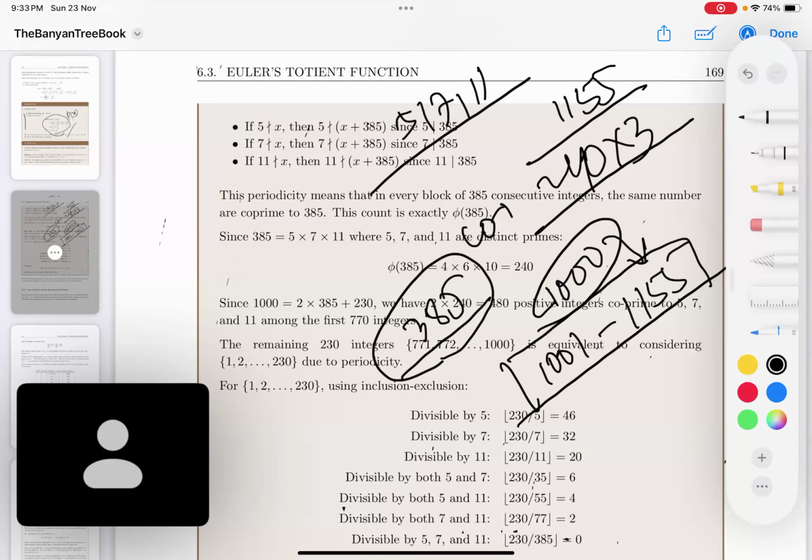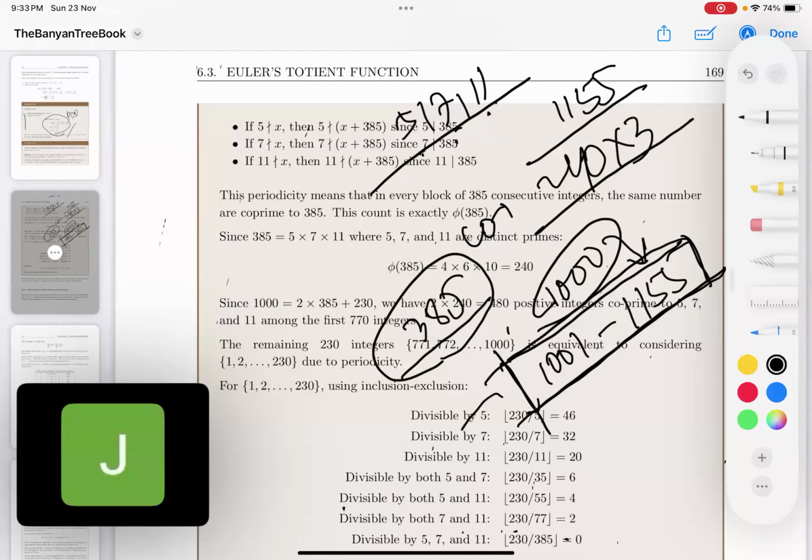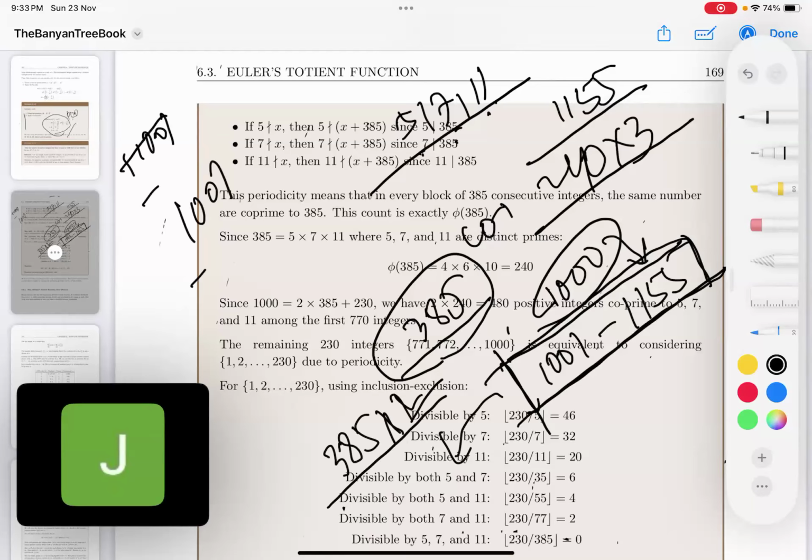But this is a large number, right? So dividing by 5, 7, or 11 is more difficult. So then we can reduce by 385, because as we said, the GCD remains the same. So we can just subtract: 1001 minus 770 is 231.